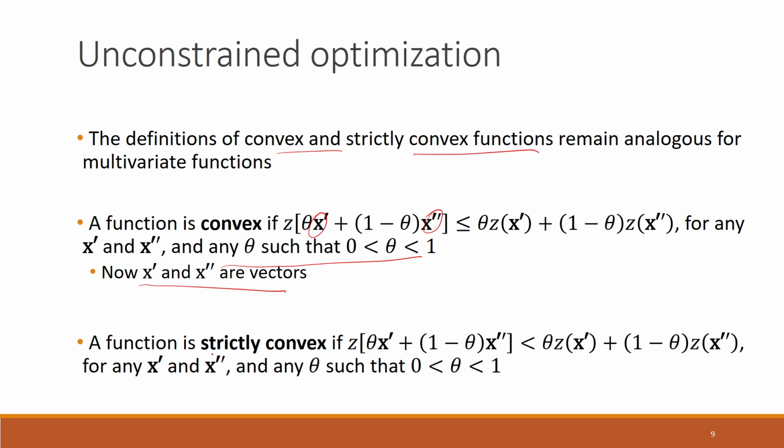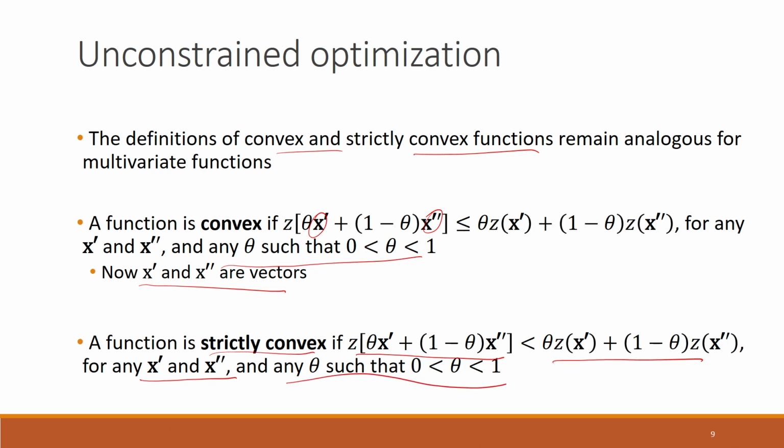Now a function is strictly convex if z of theta x dash plus 1 minus theta x double dash is less than theta times z of x dash plus 1 minus theta times z of x double dash, for any x dash and x double dash and for any theta which lies in 0 to 1.